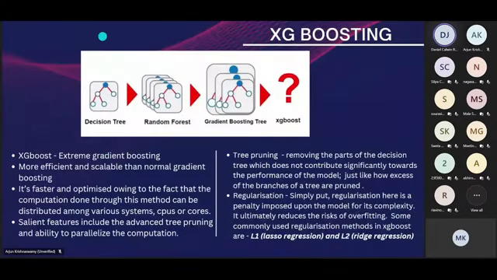Now we'll look at XG boosting. XG boosting is nothing but extreme gradient boosting. It's almost similar to normal gradient boosting, except that we have some extra parameters which help to enhance it. Extreme gradient boosting is generally more efficient and scalable than normal gradient boosting, due to the fact that we have a parallelization feature over here.